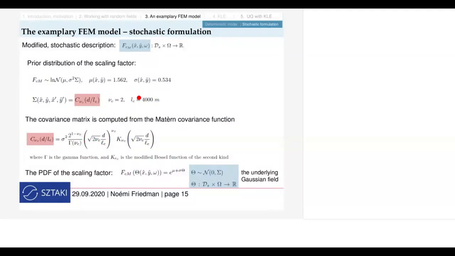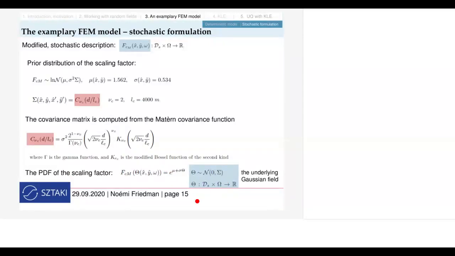And I had a quite large correlation length, which gives you quite smooth functions. Okay, so this is how I define my prior probability distribution, which reflects what I know about this scaling factor. And then the probability distribution function will look like this.